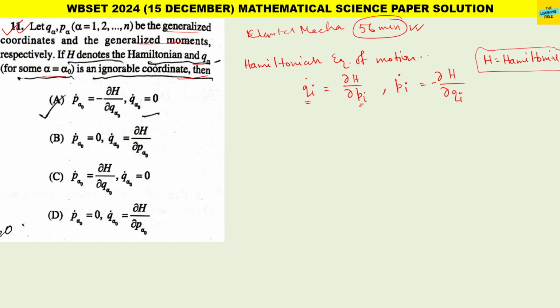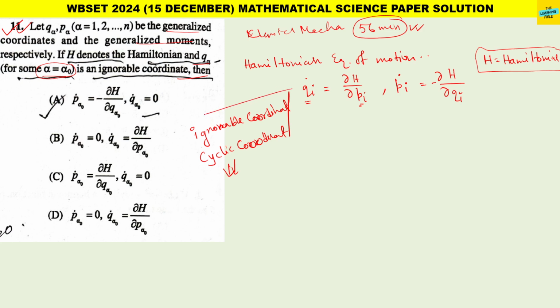Now here it says that for alpha equal to alpha 0, this q alpha is an ignorable coordinate. What is the meaning of an ignorable coordinate? Ignorable coordinate, or you must know the cyclic coordinate. What does this actually mean physically?